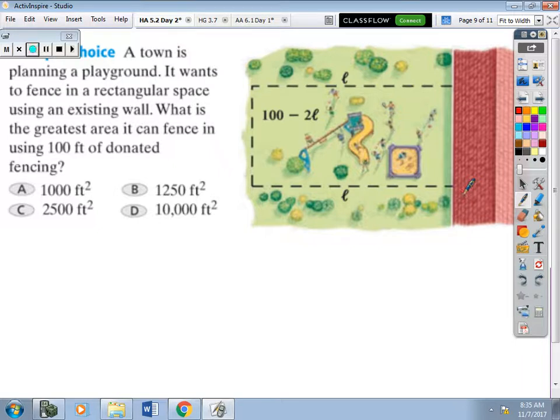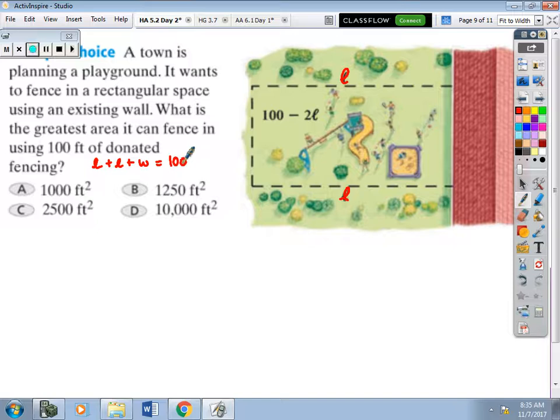So 100 feet would be like the perimeter of the 3 sides. Okay. And so you can see what they've done is they labeled this to be the length, which you could also label X. They came up with an expression to represent this because we know length, plus, in this case, width would have to be 100 because we're adding 3 sides and it has to equal 100 feet.